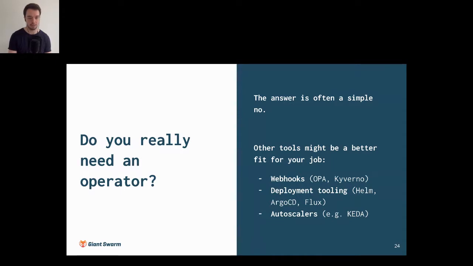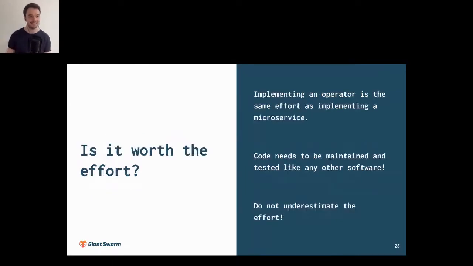A great example would be Keda, I don't know how it's pronounced, which is basically Kubernetes autoscaling based on events, which makes it a lot easier to implement autoscaling. It's a really cool project in that area.